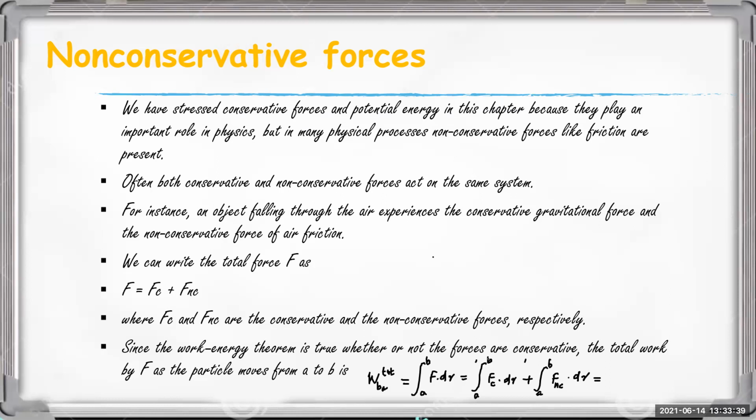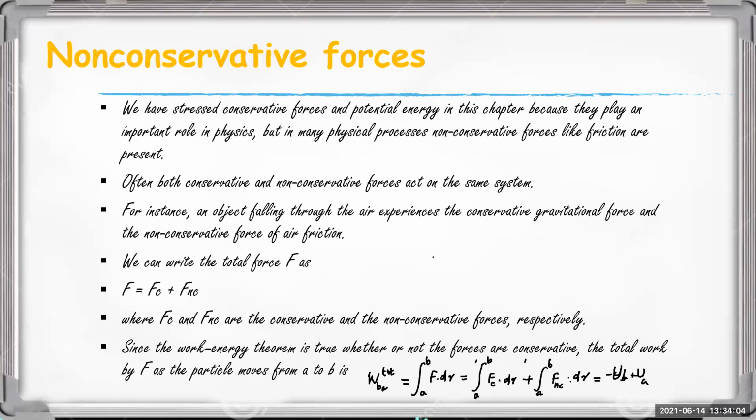In the case of a conservative force, the integral from A to B of FC dot dr must be equal to minus UB plus UA.